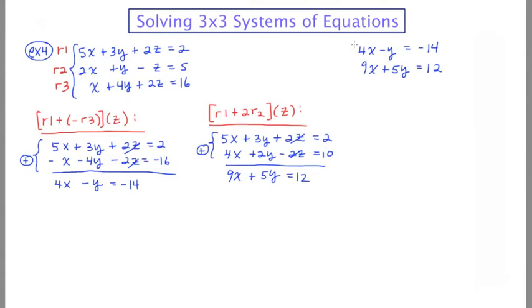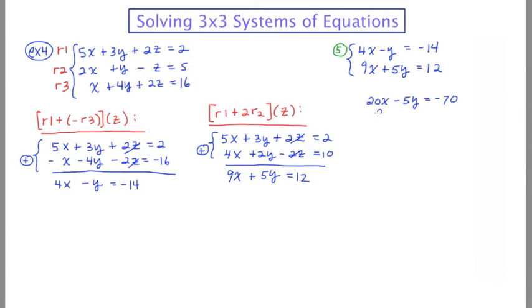So this boils down to just a 2 by 2 system, which was the earlier portion of the chapter. I'm thinking about elimination, and I'm going to multiply the top by 5 in order for that to happen. Okay, so when I do that, the new top row is going to become 20x minus 5y is equal to negative 70.